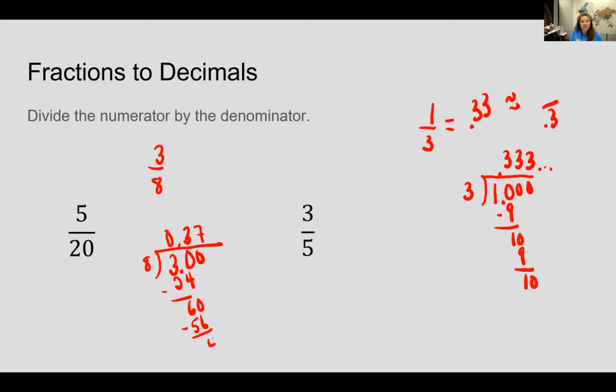I subtract and get a 4. I'm going to bring down one more 0, and 8 goes into 40 5 times, and there's no remainder. So 3/8 is equal to 0.375. So go about 3 places past the decimal before you decide that your decimal is not going to terminate.